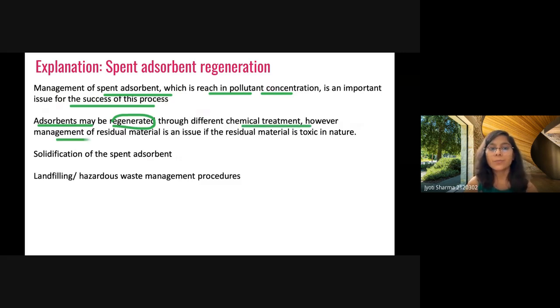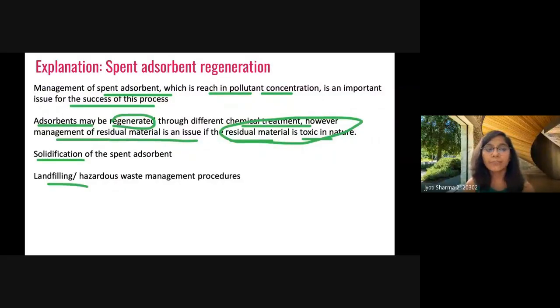However, management of residual material is an issue if the residual material is toxic in nature. In that case, we can do solidification, and we also have to follow landfilling and hazardous waste management procedures for the toxic residual material.